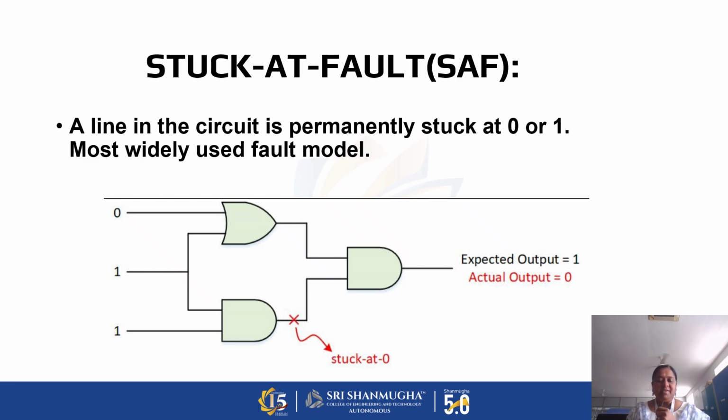But since it is stuck here, the actual output is 0. So when anything happens, like opens or shorts, in this line, it would make the actual output go wrong, and finally we get a very wrong output.